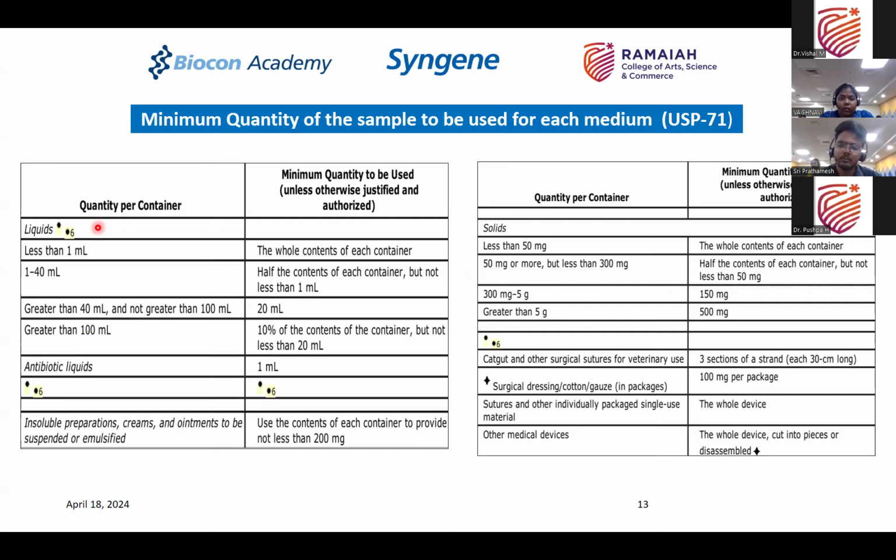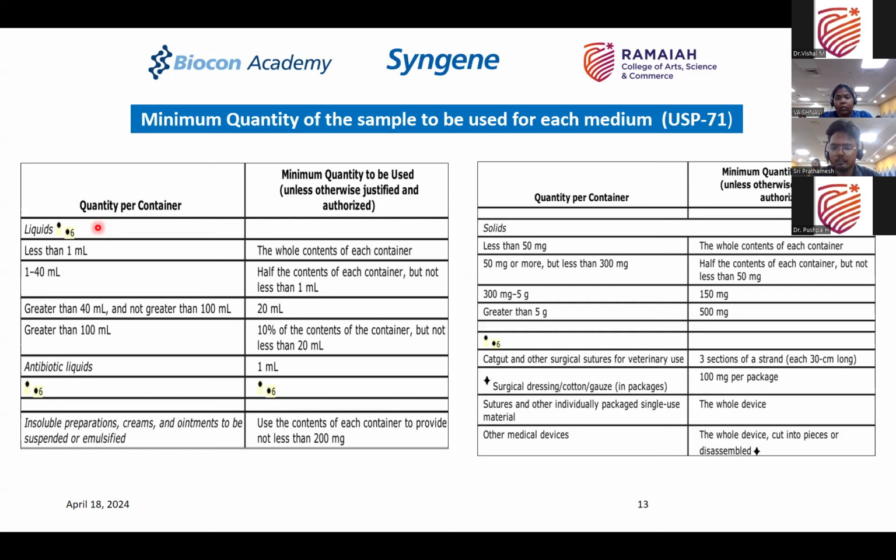That is what we studied in our previous table. So here we are analyzing, in that particular sample whatever you have collected, how many ml or grams or milligrams of that sample has to be used for inoculation or for analysis. That is what this particular table tells.